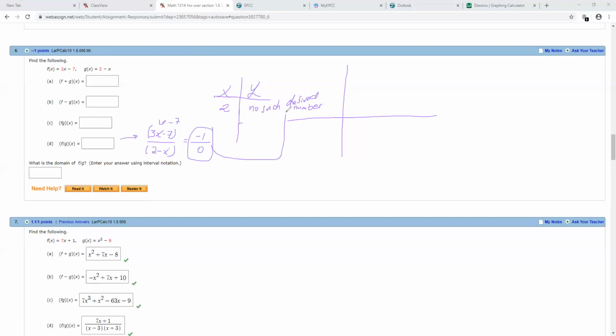And that means there's no mapping at 2, which means the graph would have to be explored more to know exactly which way it's going. But it's either going up, up, up this way, or down, down, down this way, and the same thing on the other side. We could do that, but it's not the focus of this section.